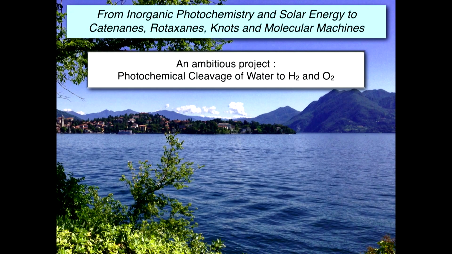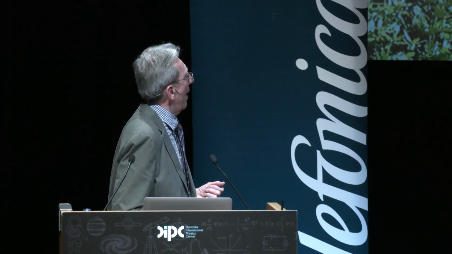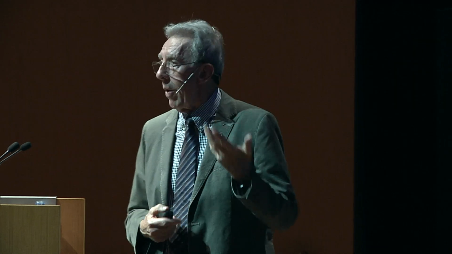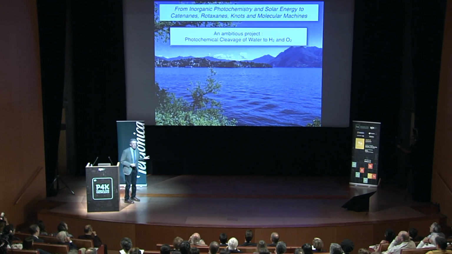And in our group, when we started in this field, before trying to make catenanes and rotaxanes, we had a big project related to the photochemical cleavage of water to H2 and O2.